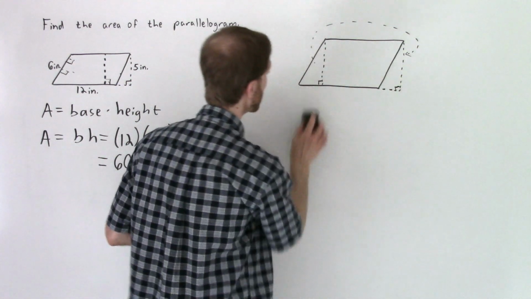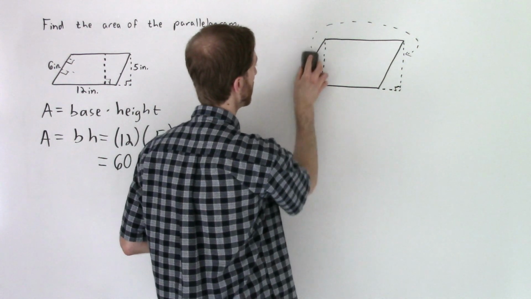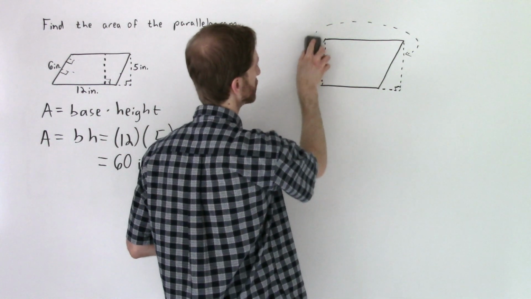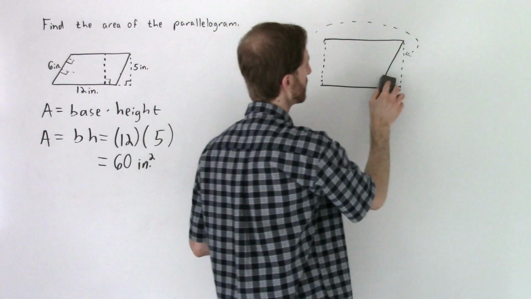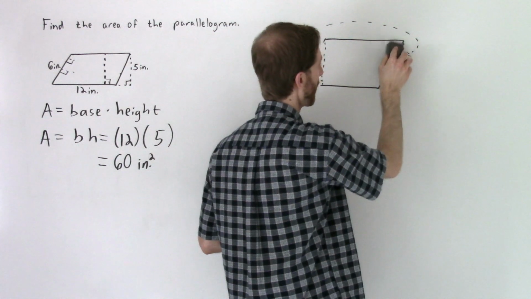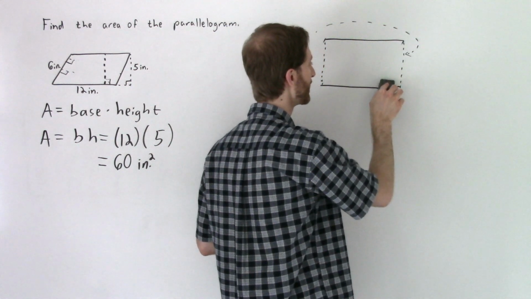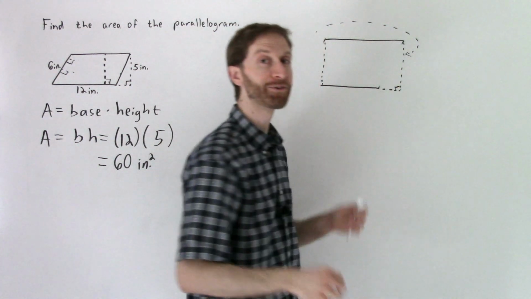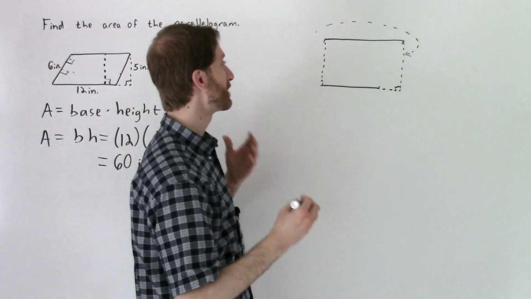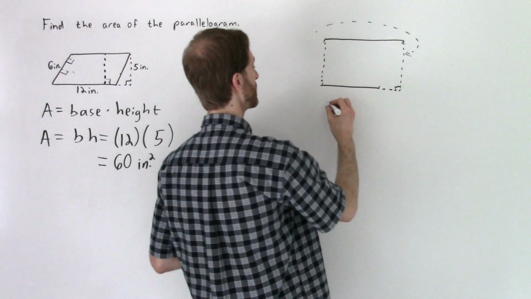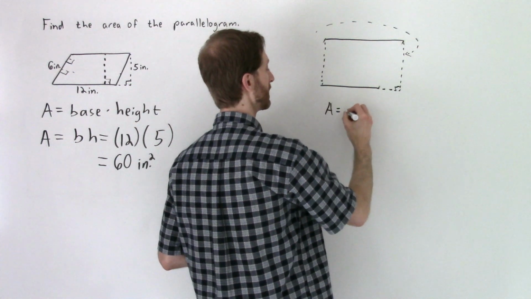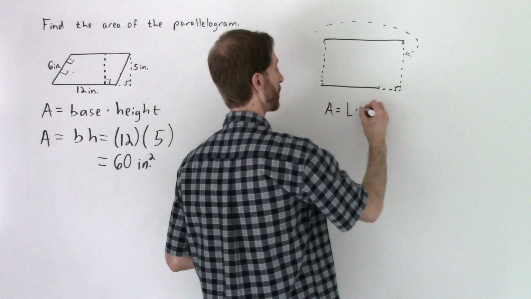So what I'll do is I'll erase what we've cut off, this guy right here. So we've taken that triangle on a bit of a journey, and what we get, oh, look at that shape, it's a rectangle. And what's the area of a rectangle? Well, the area of a rectangle is length times width.